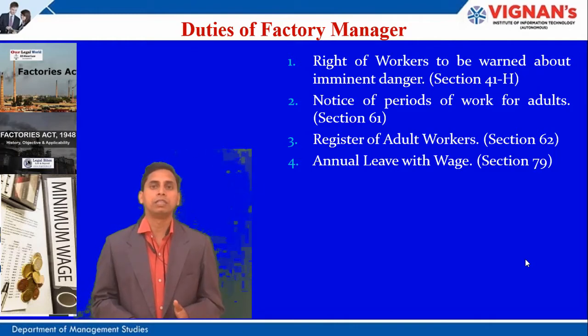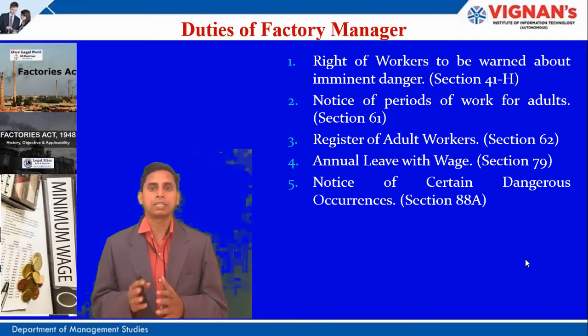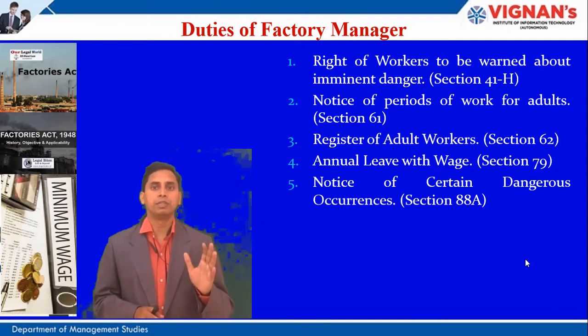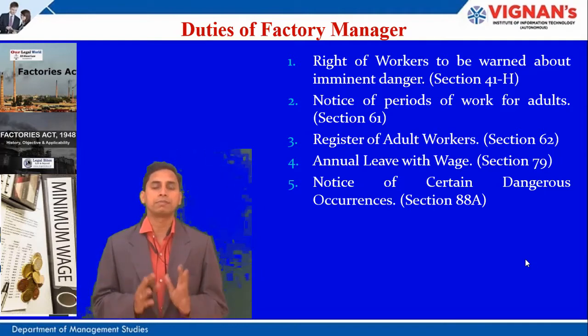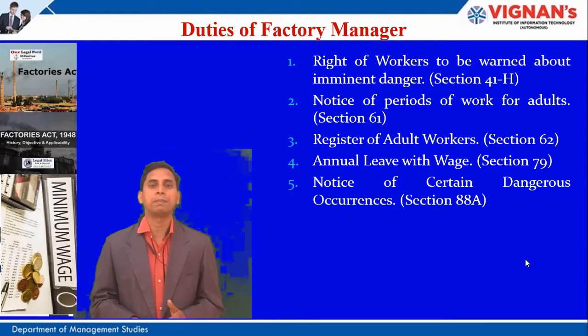That is included in section 79. As per section 88A, there must be a notice of certain dangerous occurrences to the employees, in case such incidents happen in the companies.